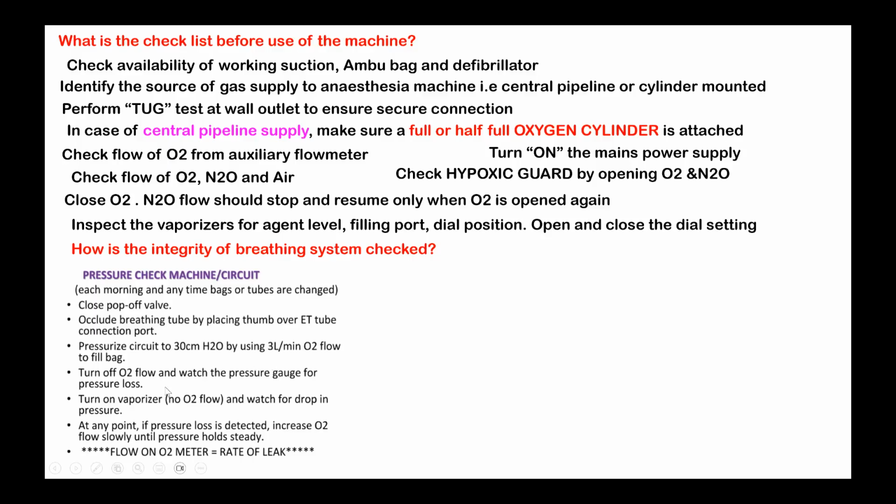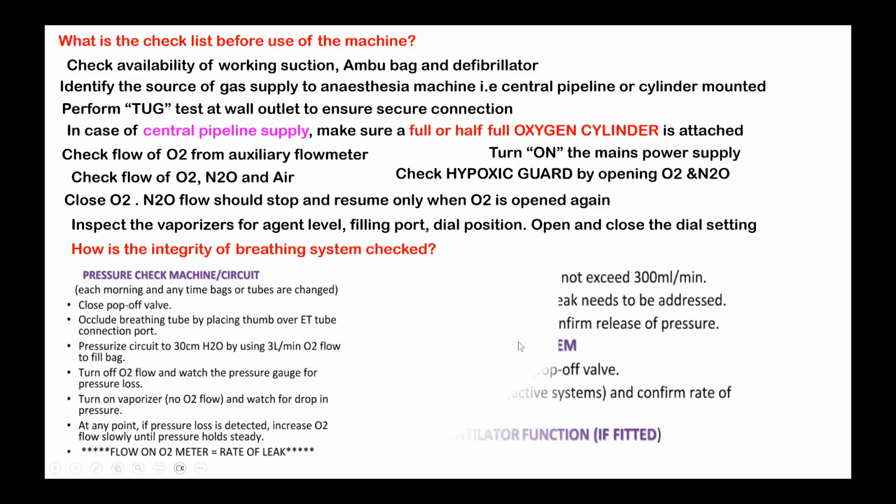Then close the oxygen and see whether the pressure maintains at 30. And you can visually see the bag also will start becoming smaller if there is a leak. So that is how you check for that.